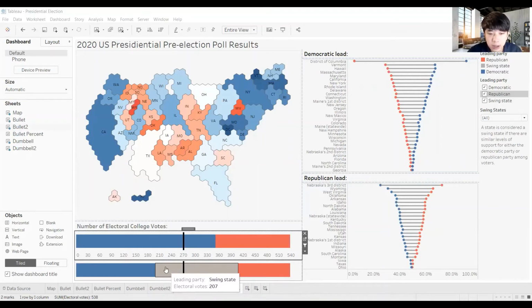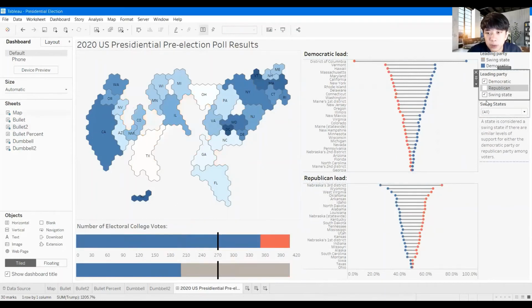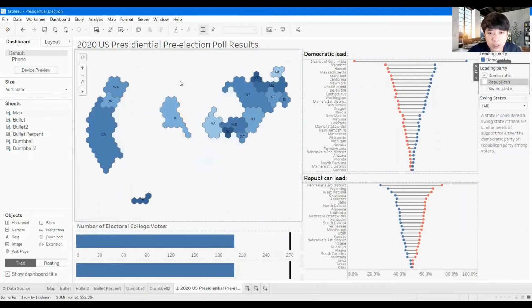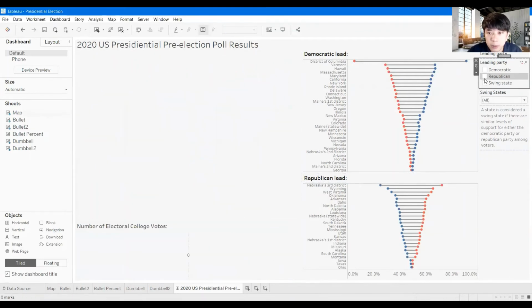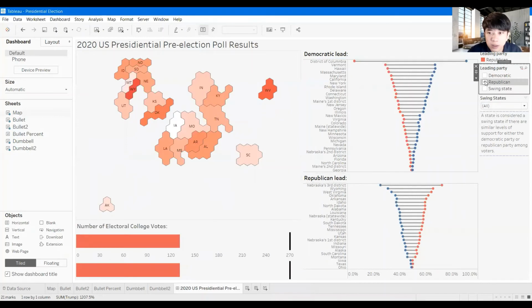And actually, it plays a big role here because we can certainly see how much proportion is taken up in this bar. Besides that, we added a few filters to show the Republican states, the Democrat states, and also the swing states.